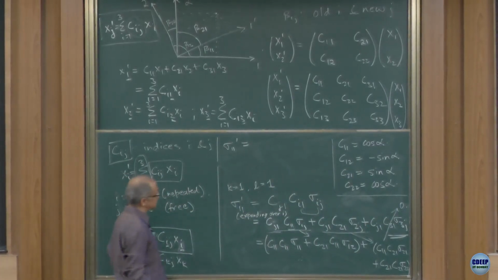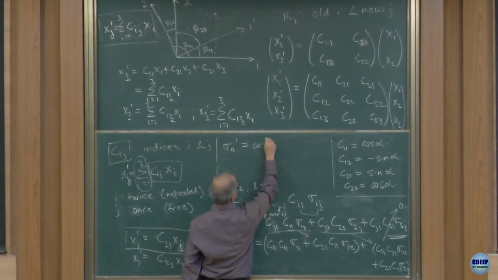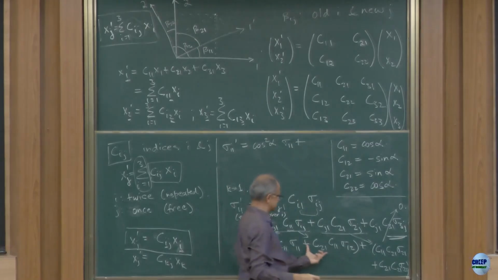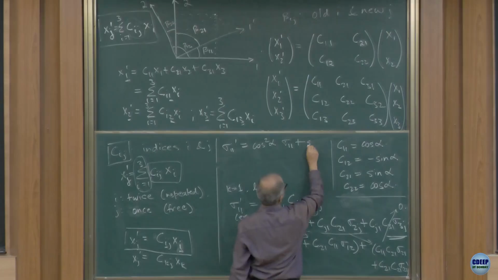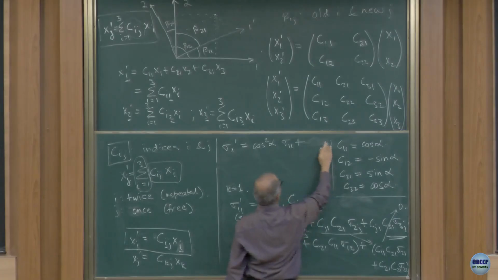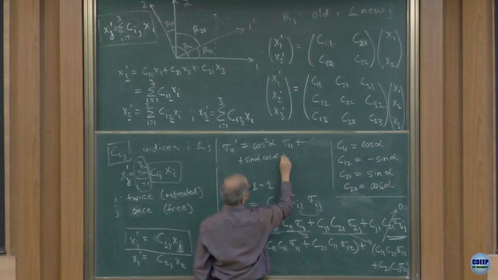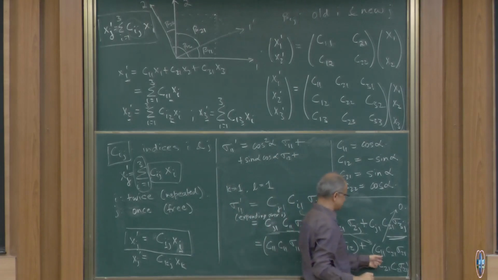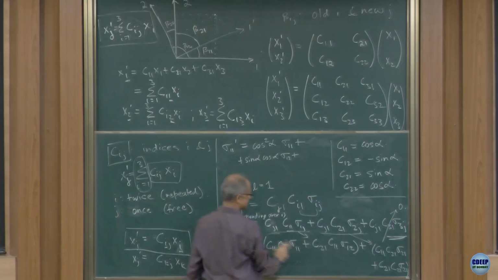So now I can come back here, I have all the C's here. So this is nothing but cos square alpha of sigma 11 plus, what is this, C21 C11, it is sin alpha cos alpha, and this is sigma 12, and this is C11 cos, this is with a minus sign.